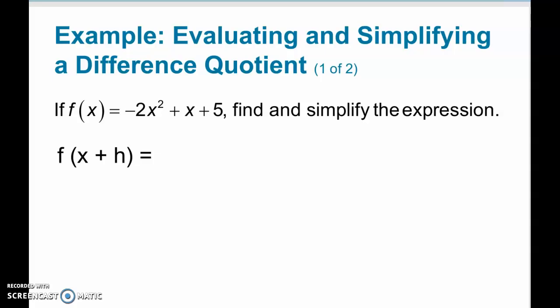Now, in order to do this, let's get an understanding of what the difference quotient is. The difference quotient measures the slope of a secant line that's passing through the curve of f of x.